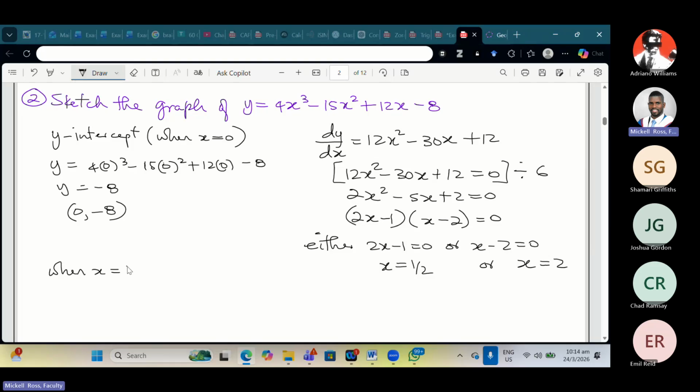So when x is equal to a half, y is equal to 4 times a half cubed minus 15 times a half squared plus 12 times a half minus 8. Now, instead of trying to just sit down and work through this, you can easily put it in your calculator and work it out, so you have more time to do other things.